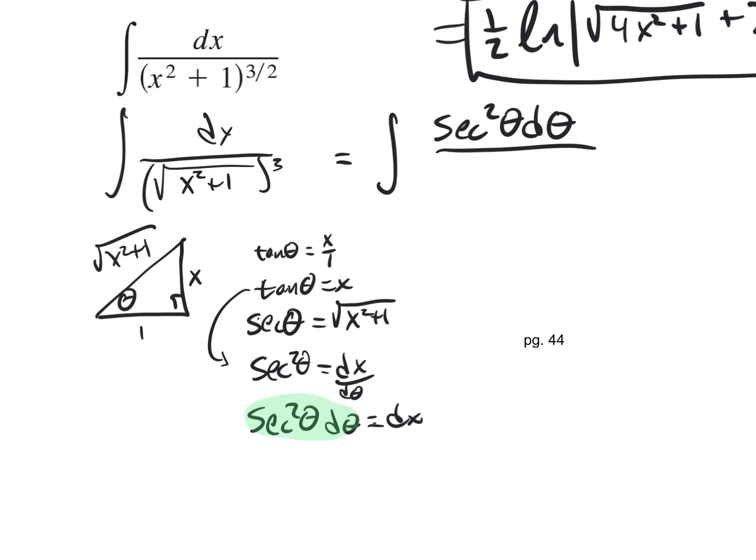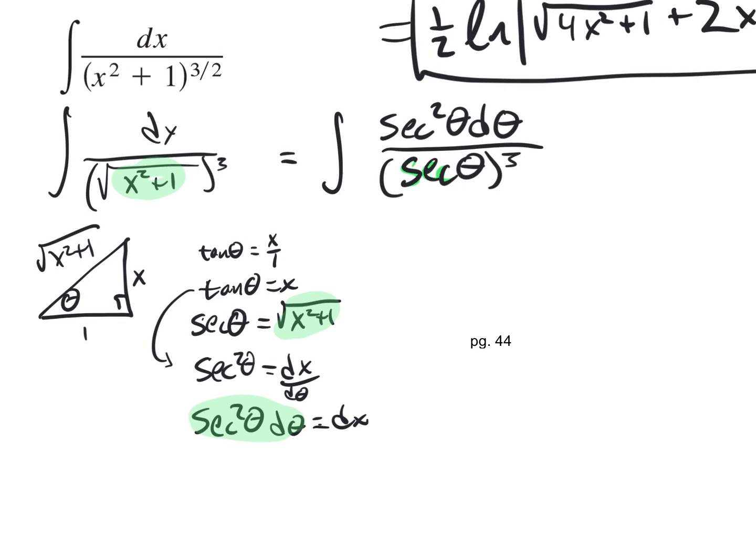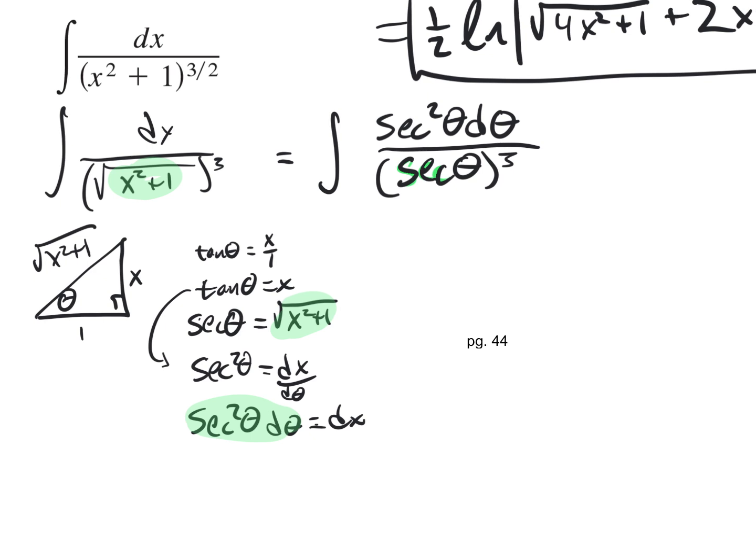All right. Then we've got this thing right here. Let's see if we can get a highlighter to work here. Right there. So we have secant theta cubed. All right, which also is just secant cubed.